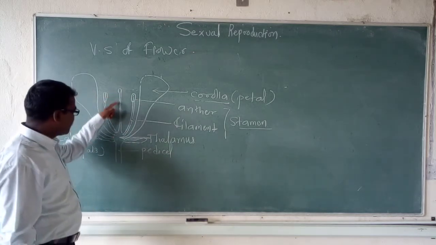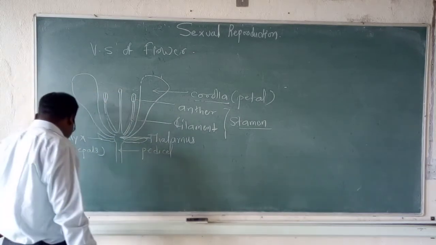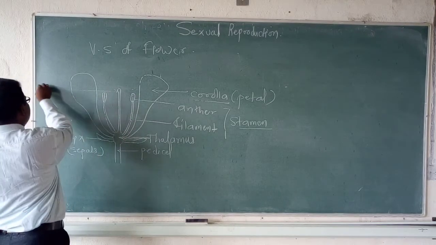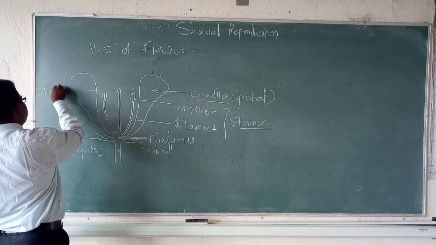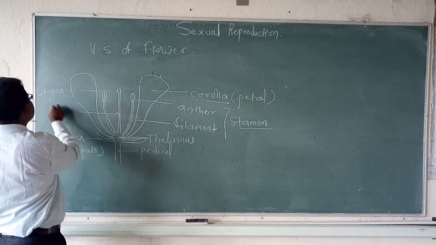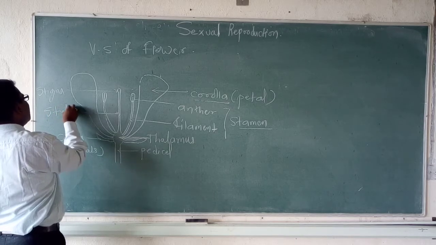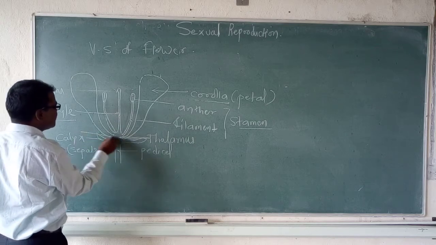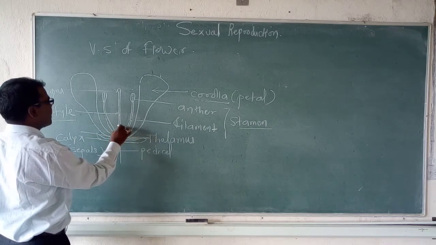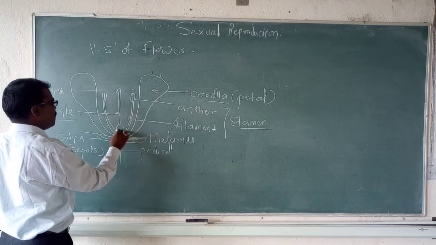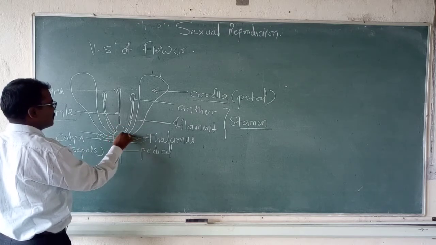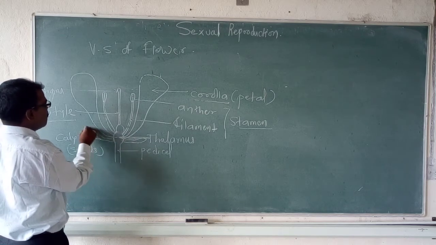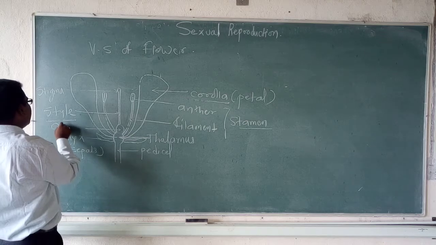The next whorl of the flower is the carpel. Carpel is the innermost whorl of the flower, which consists of the apical region, the stigma, and this long style. At the base of the carpel there is the presence of ovules in the ovary. This is the ovary.